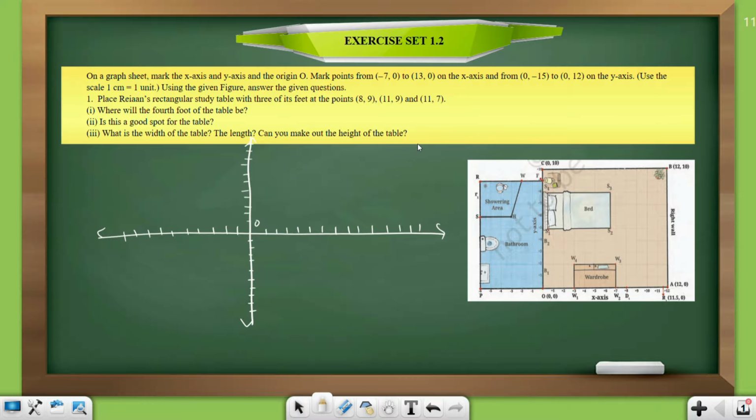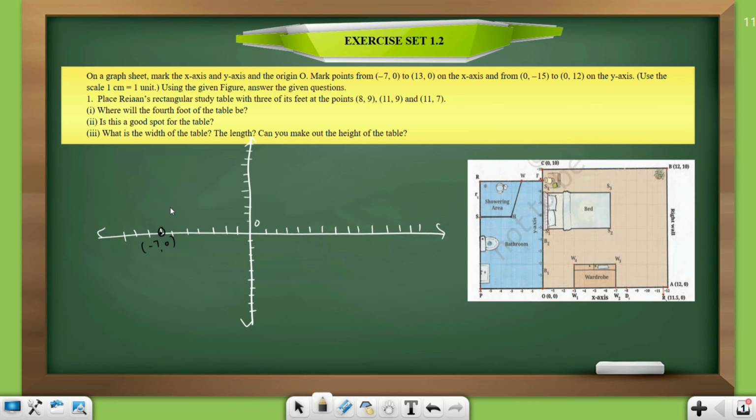Now let's plot the points on the x and y axis. The first point is (-7, 0), so it's going to be here. This is 1, 2, 3, 4, 5, 6, 7, so -7 comma 0 is located here.